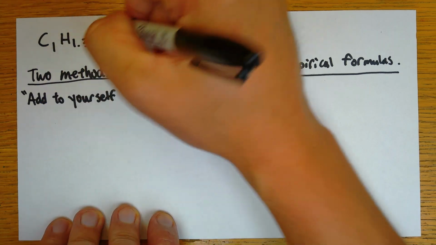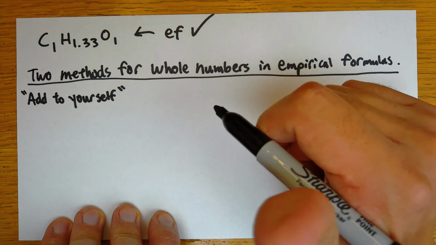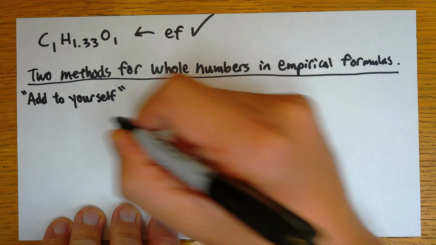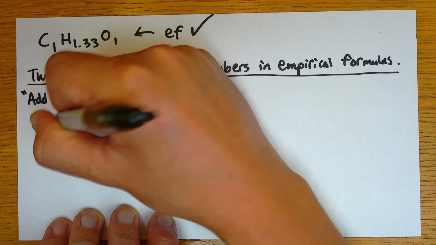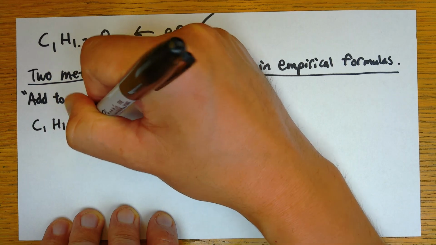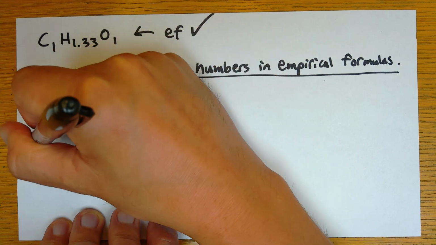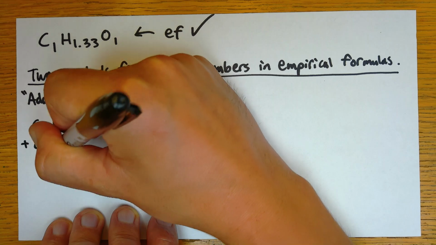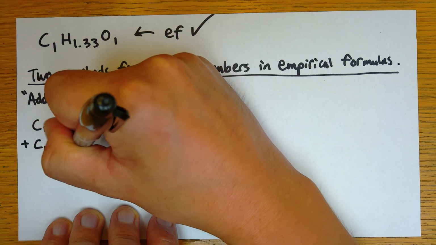So you just kind of look at this and you're going to be like, okay, I'm going to see if taking that empirical formula and adding it to itself will result in any whole numbers.